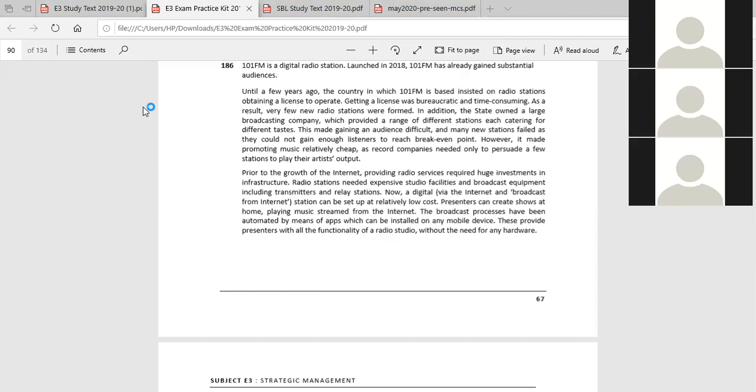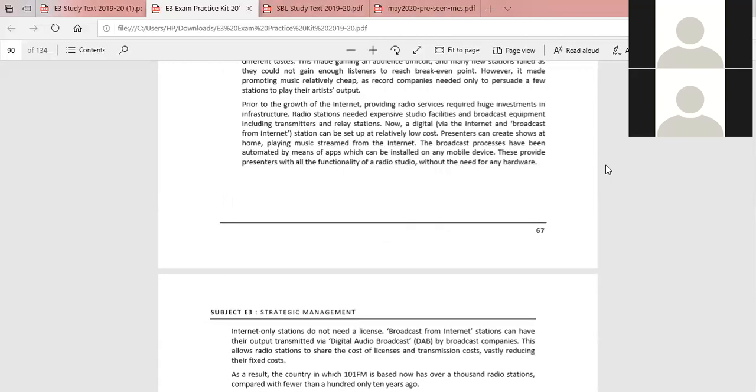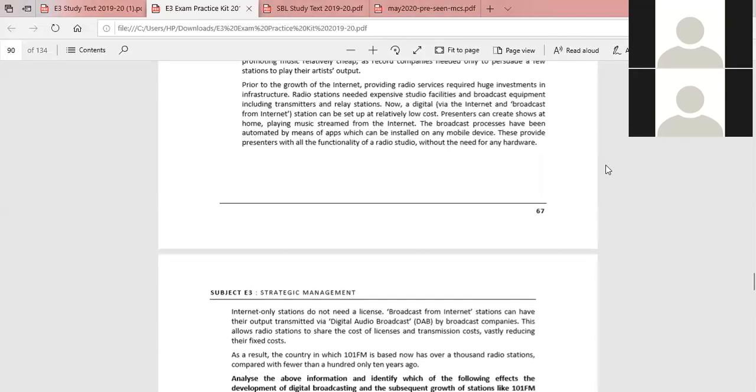Broadcast from internet stations can be set up at relatively low cost. Presenters can create shows at home, playing music streamed from the internet. So with the help of internet, things are now eased, and there is a possibility for them to start their radio stations and broadcast.